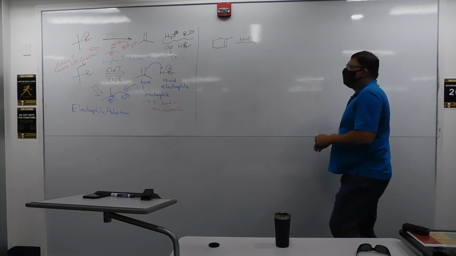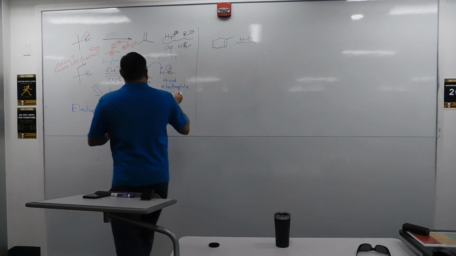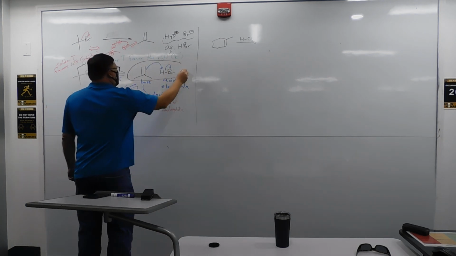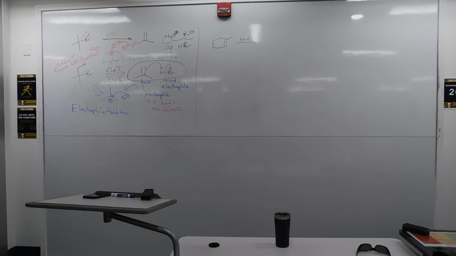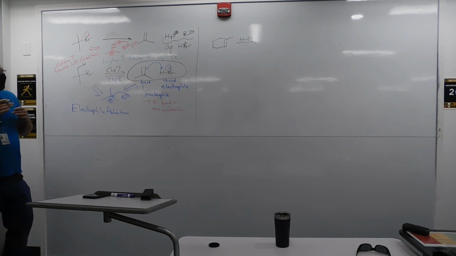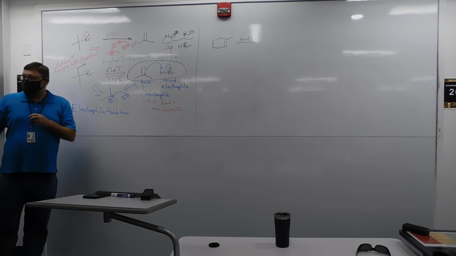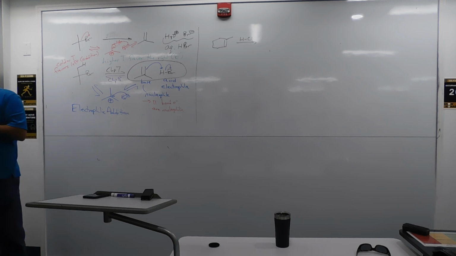Okay, so again, in chapter 8, that's going to be your kind of mechanistic paradigm. You're always going to be using the alkene pi electrons as a nucleophile. That's the first half of chapter 8. All the reactions in chapter 8 are additions to alkenes.